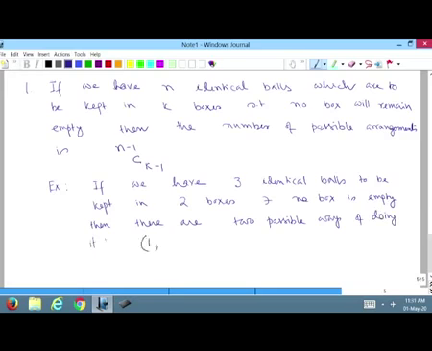One in the first box and 2 in the second box, or 2 in the first box and 1 in the second box.